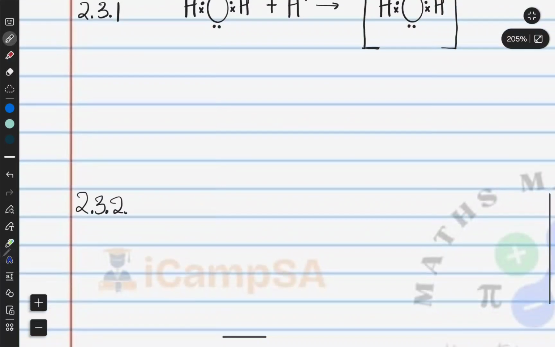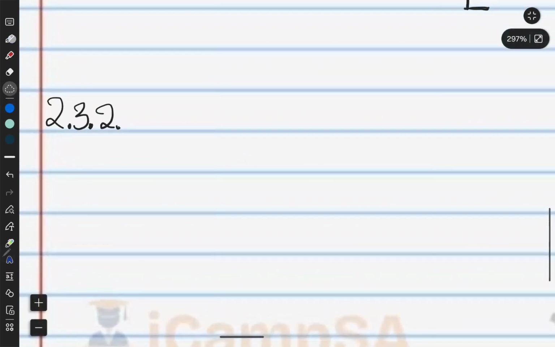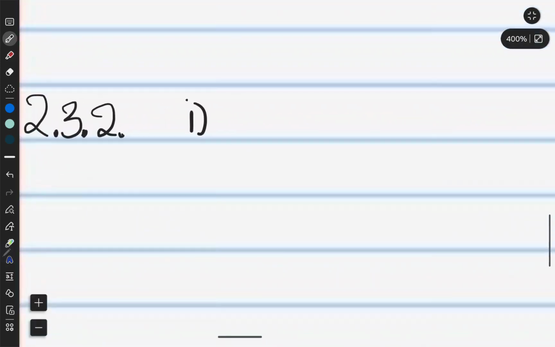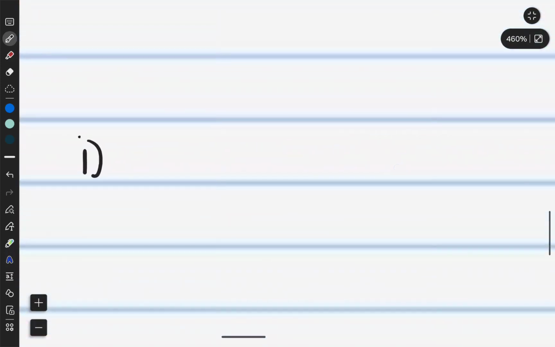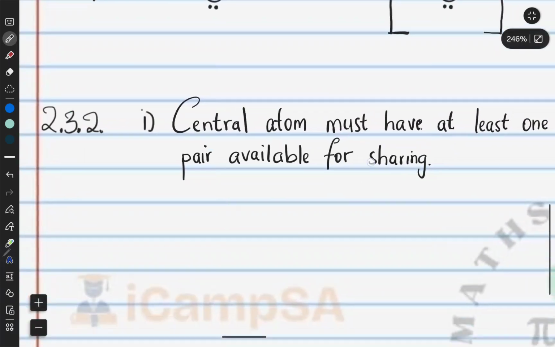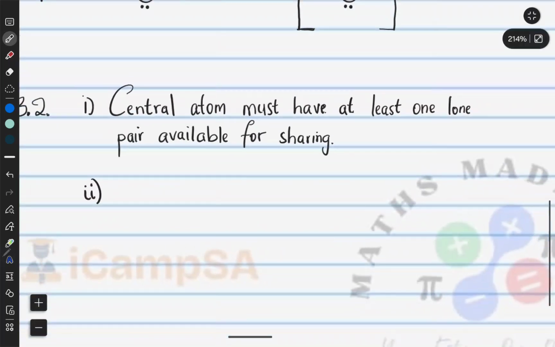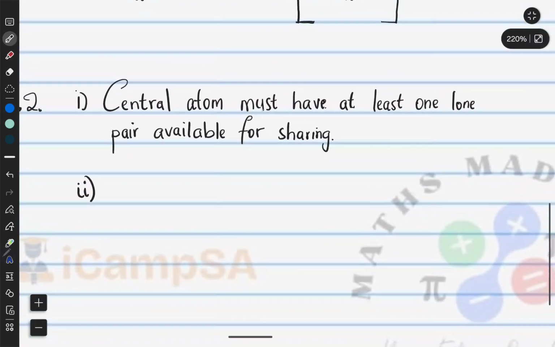So let's write the answers there. First one, central atom must have at least one lone pair available for sharing.